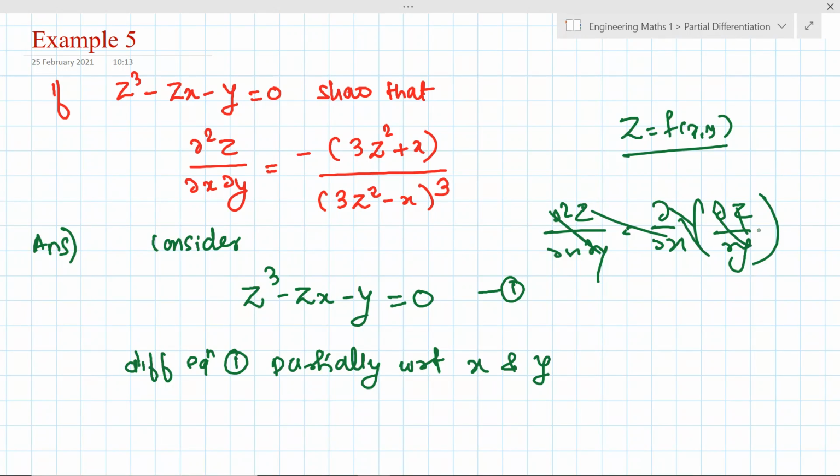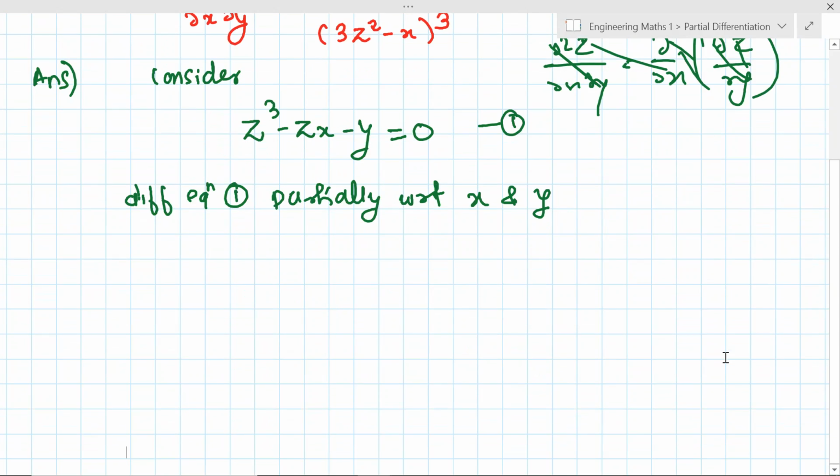What is the derivative of z cube? It is 3z square, because z is a function of x and y, so it is a composite function, and 3z square into the derivative of z with respect to x.